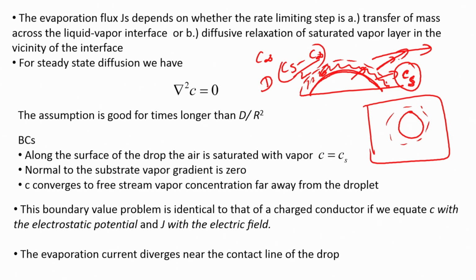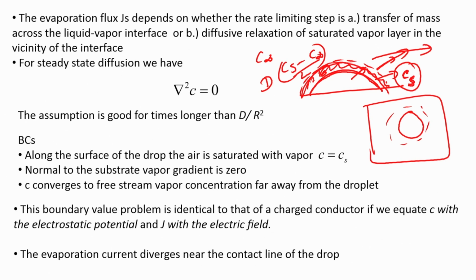Typically speaking, that is what is going to happen. So, as this vapor relaxes, the area around the droplet is going to become undersaturated, unsaturated. As a result of that, more evaporation will happen. So, that is one of the rate limiting steps, right. In most cases the diffusive relaxation is the rate limiting step.